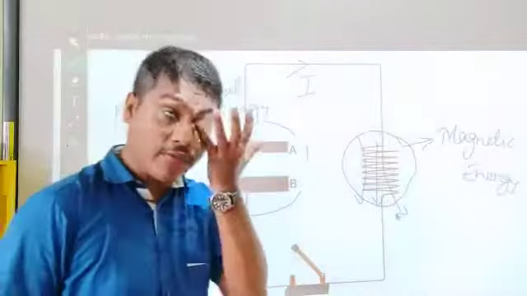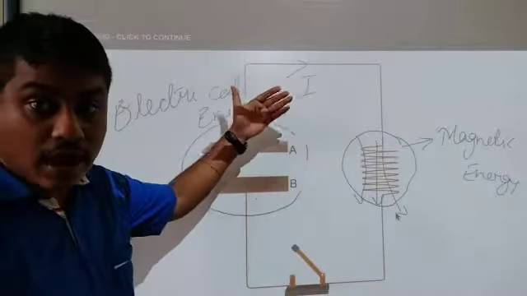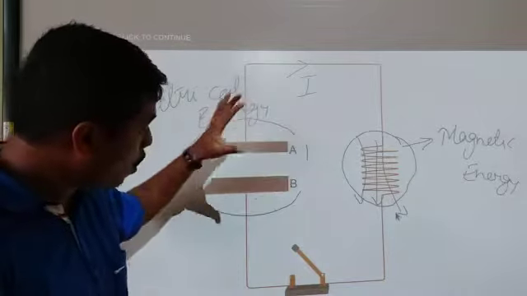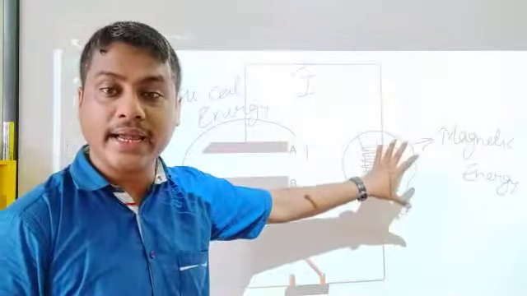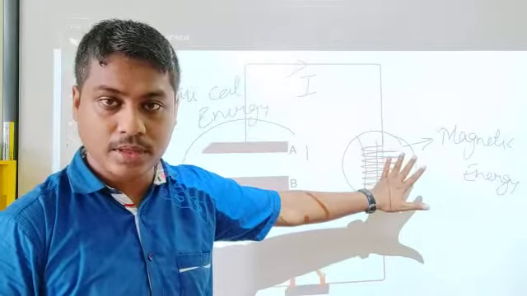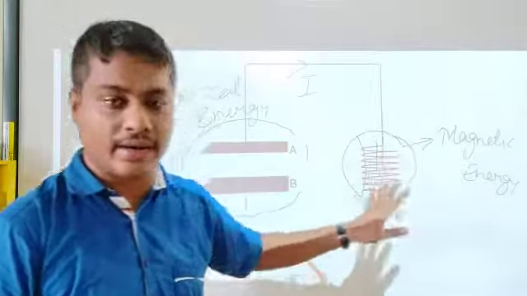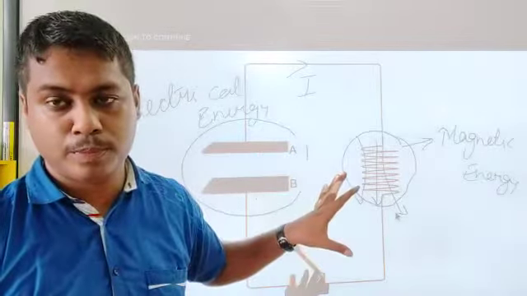After the capacitor gets fully discharged, the whole of the electrical energy will be converted into magnetic energy. Clear? After that, the charge will be equal to 0.